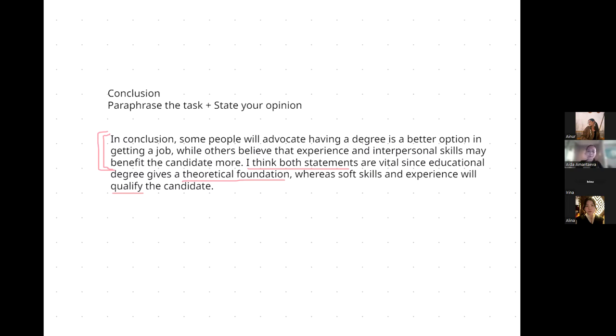For example, let's say that's your point of view, that's your opinion. Therefore, in your conclusion, you should reflect it. You should write the same. Something like, I believe that having work experience and skills is more important due to having a great reaction in critical situations.